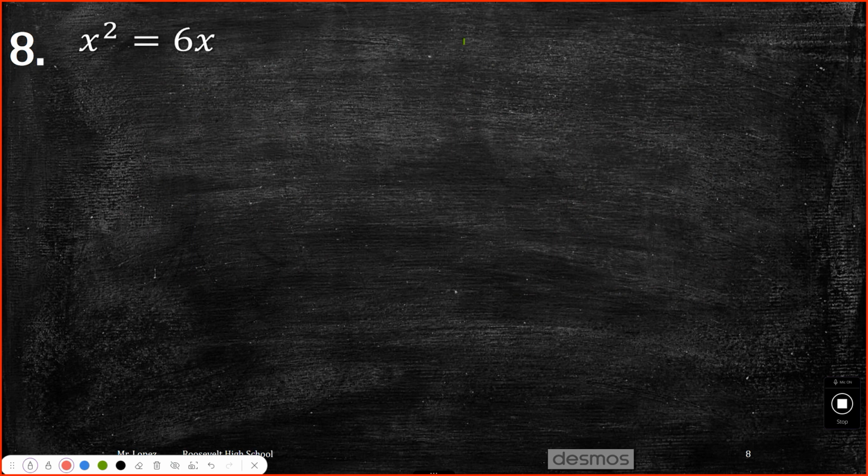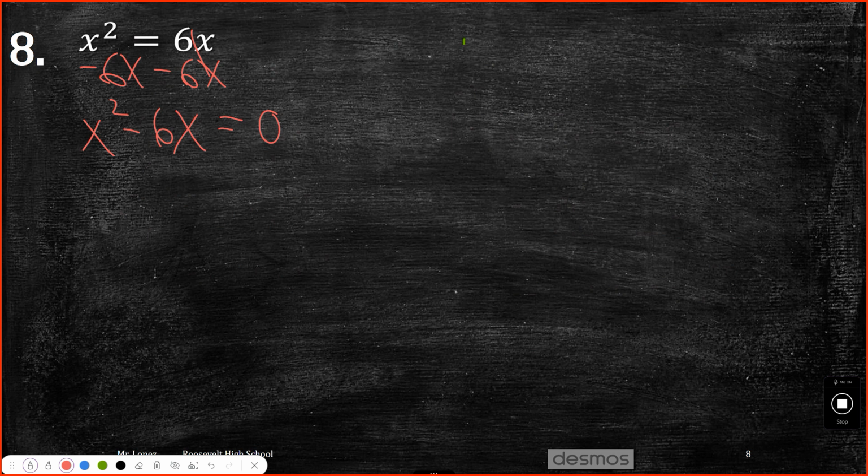Let's just, yeah, I'll just bring the 6 over to this side. x squared minus 6x. Factor out an x, and then use the zero product property.